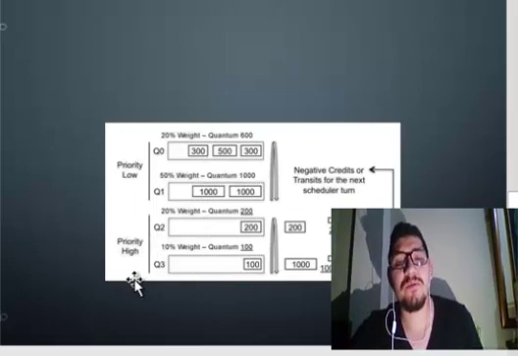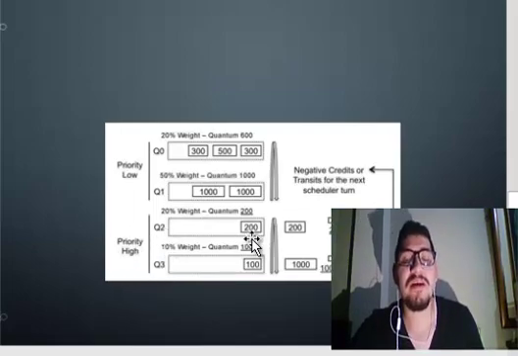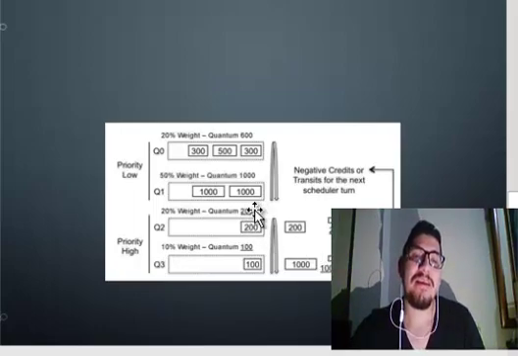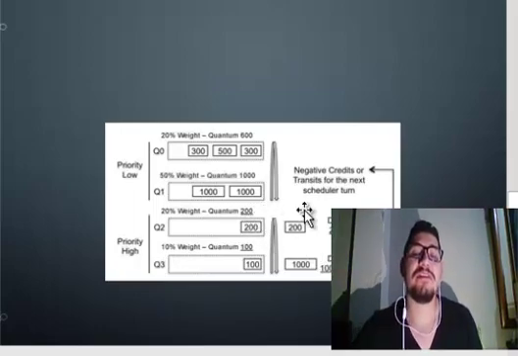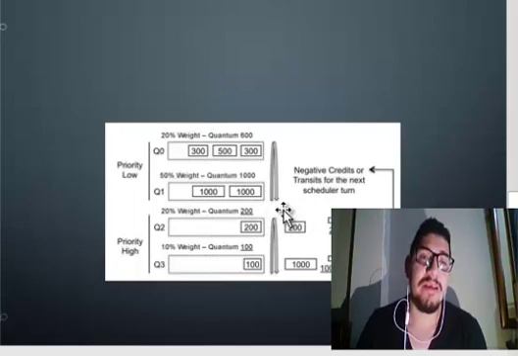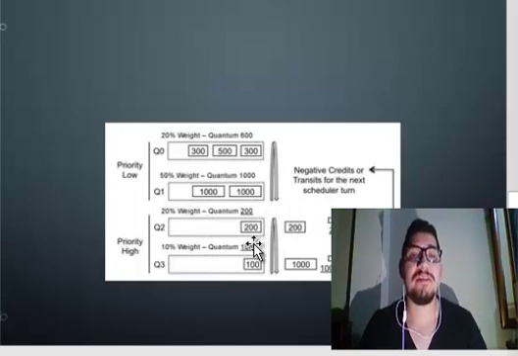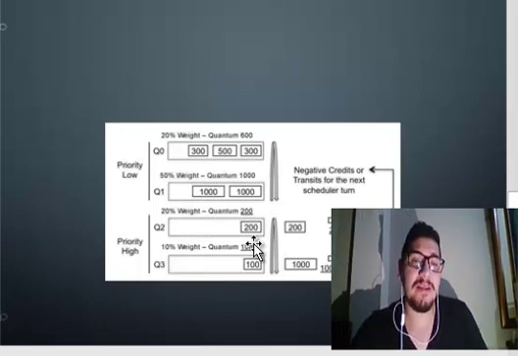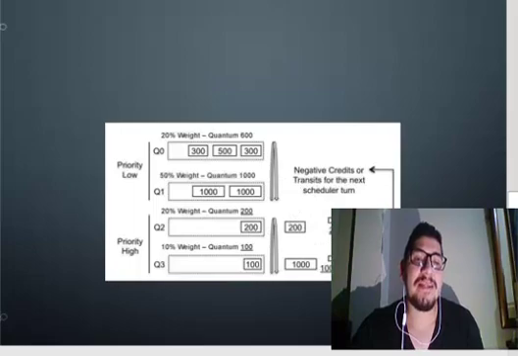In this case we reset the quantum, and we have 200, and Q2 has a packet of 200. It is the same. For this reason, it transmits this packet, and now the quantum is 0 and the credit is 0.